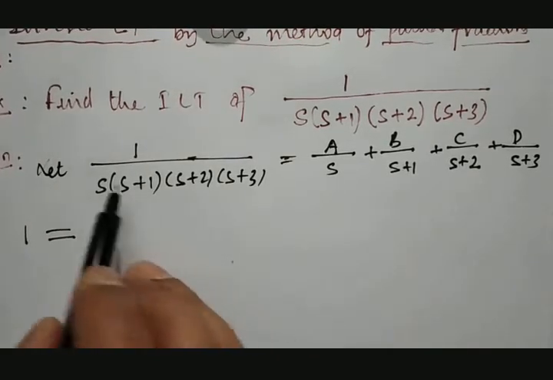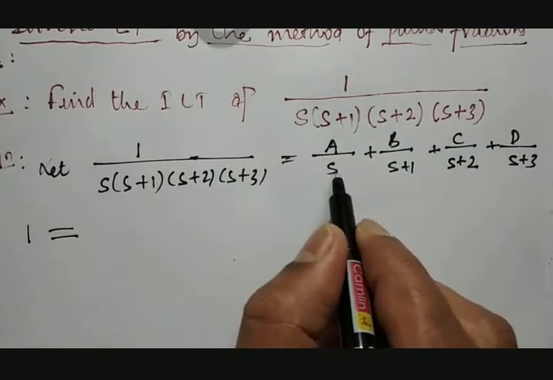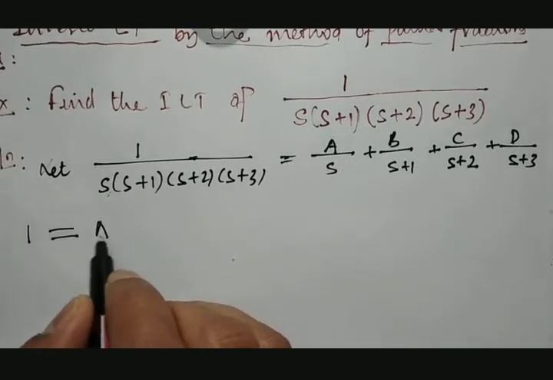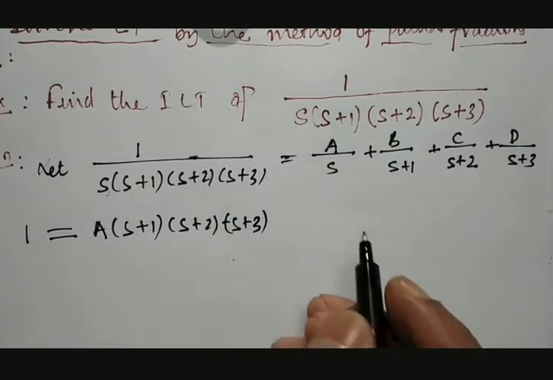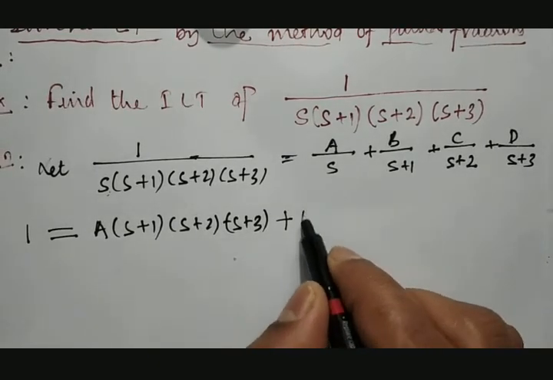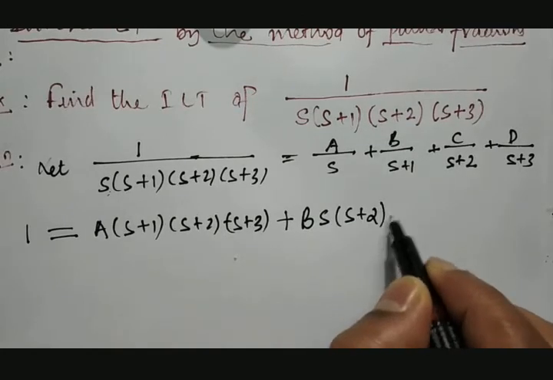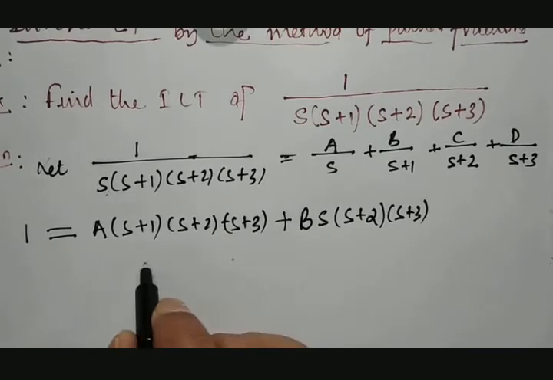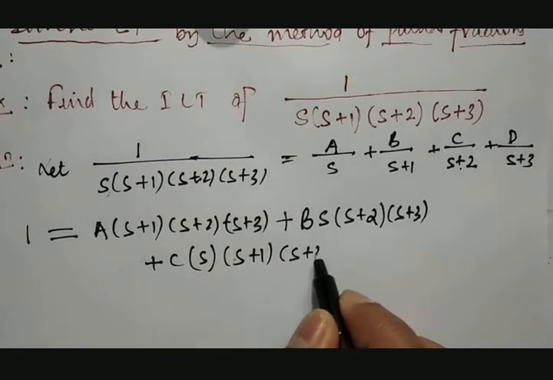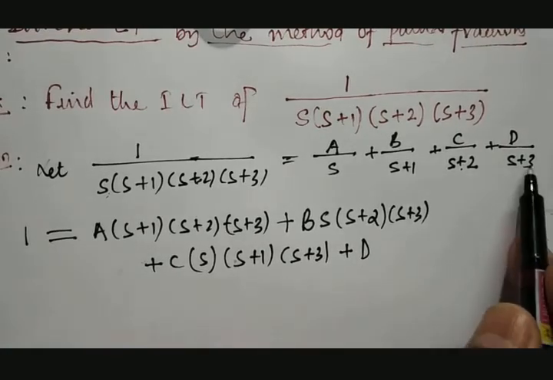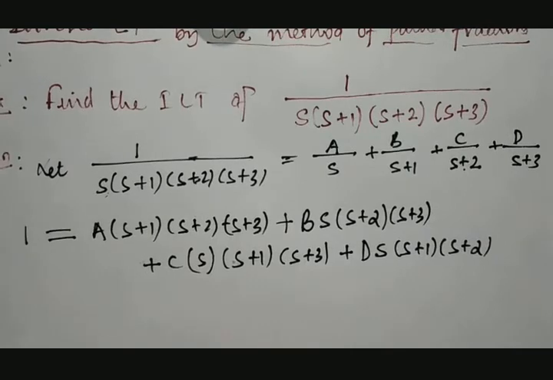We'll be getting 1 is equal to A into (s plus 1) into (s plus 2) into (s plus 3), plus B into, when s plus 1 gets cancelled, s into (s plus 2) into (s plus 3), plus C into, s plus 2 gone, s into (s plus 1) into (s plus 3), plus D into, s plus 3 gone, s into (s plus 1) into (s plus 2). Fine. Then what to do?